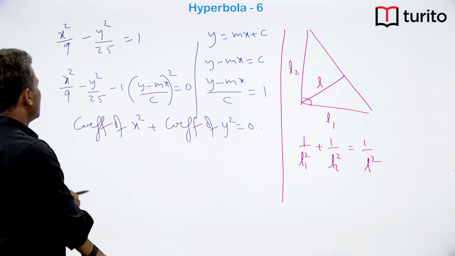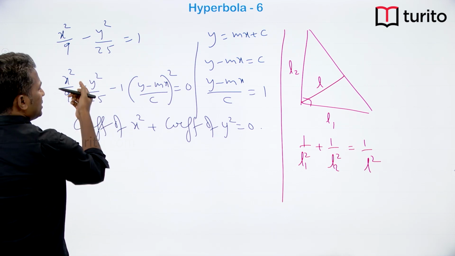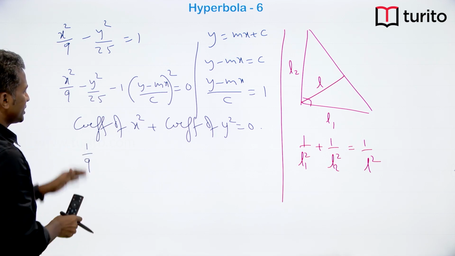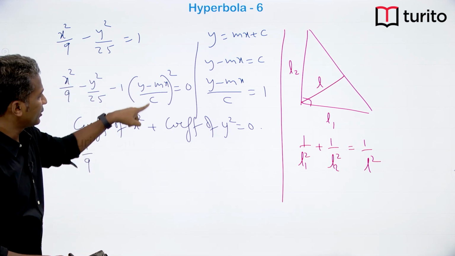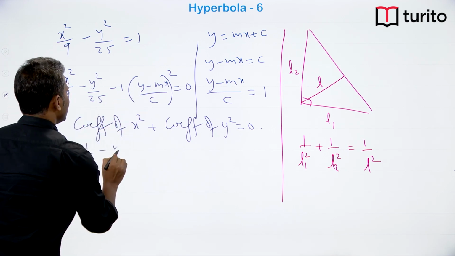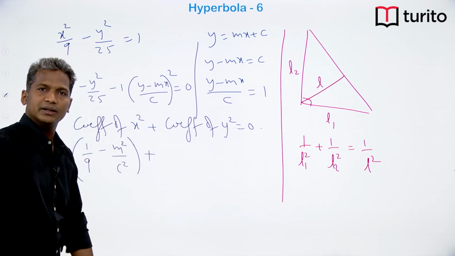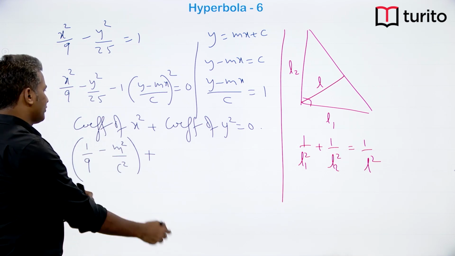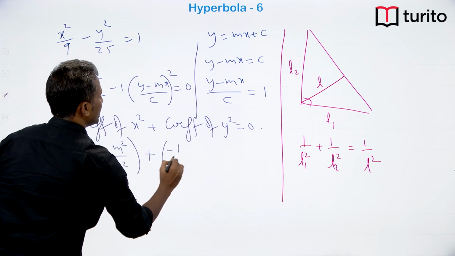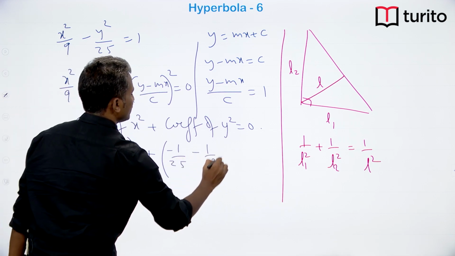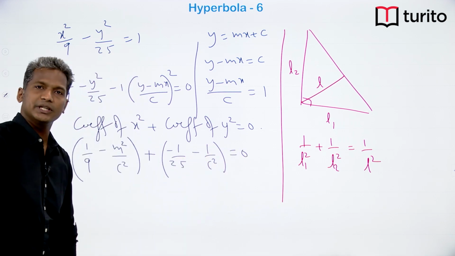Okay. So, if I get the x square coefficient here, from the first term I am getting 1 by 9, from here I am going to get minus m square by c square, this is the coefficient of x square. Now, let me get the coefficient of y square also. From here I am getting minus 1 by 25, and from here I am getting minus 1 by c square, this must be 0.